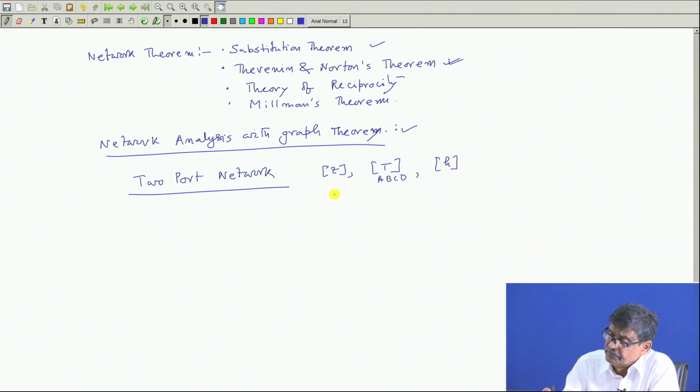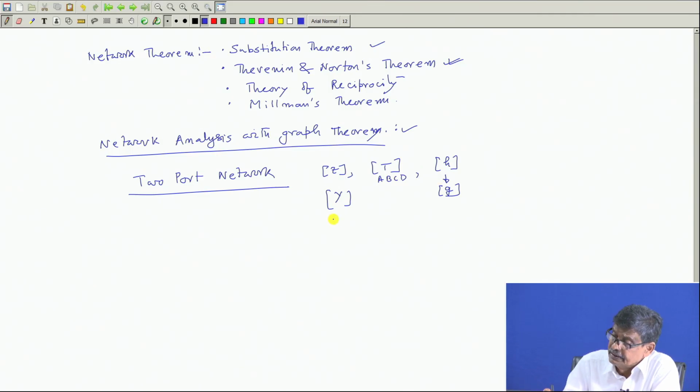The inversion of Z is the Y matrix, ABCD inversion has no name given, H parameters' inversion matrix is the G matrix, conductance matrix, and so on. When networks are connected in cascade, it is better to represent in ABCD parameters, so that the overall ABCD parameters of cascaded networks will be simply the product of T matrices.